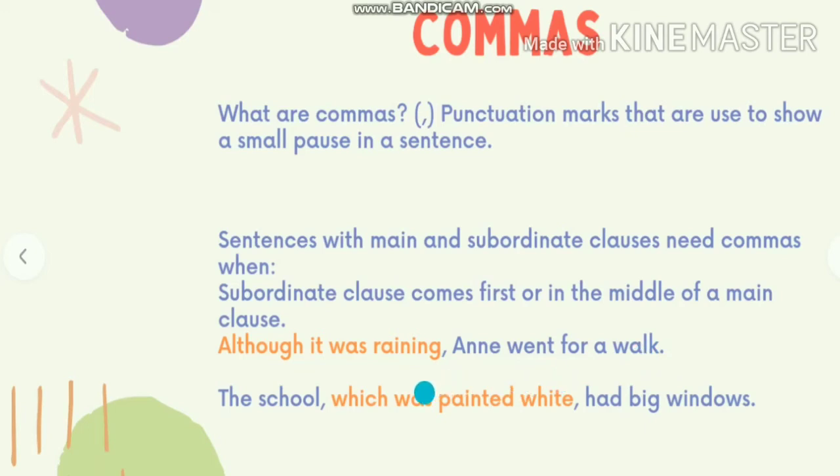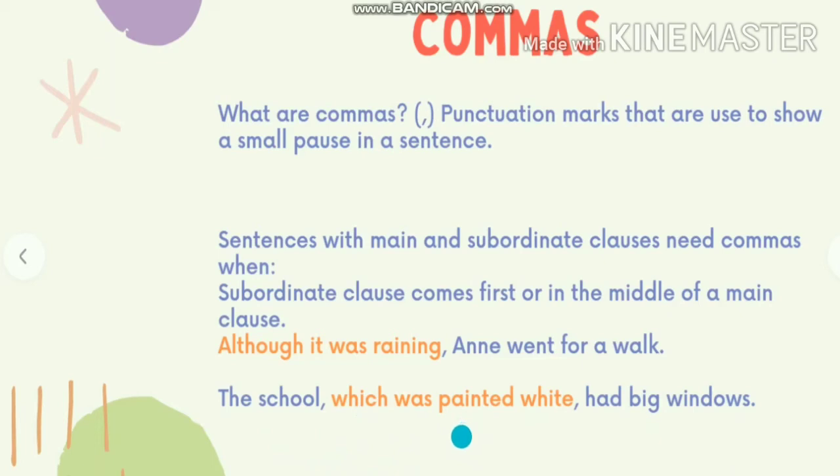Now, how about the subordinate clause in the middle of a main one? Look, "The school, comma, had big windows." This is actually one clause, yeah? The school had big windows. Does it make sense to you? Yes, it does, and it is a main clause. And how about the orange one, "which was painted white"?